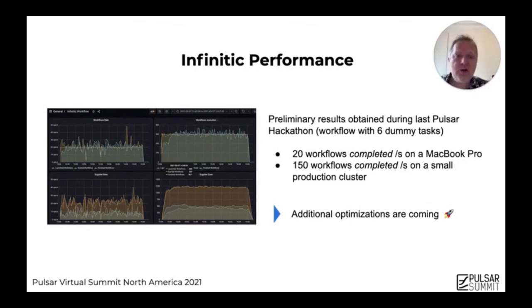Later, with Splio, the French marketing company I work with, they managed to reach 150 workflows completed per second on a relatively small production cluster. 150 workflows completed per second is quite a lot. It's 13 million per day.